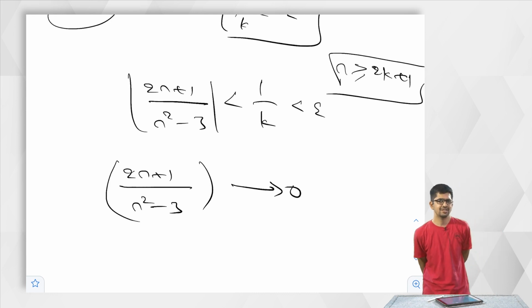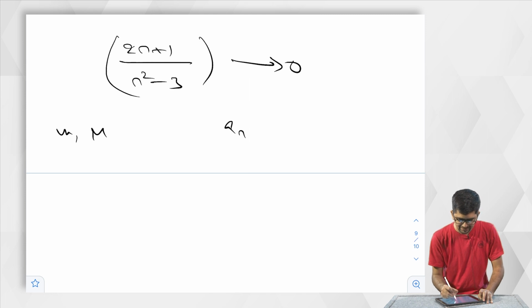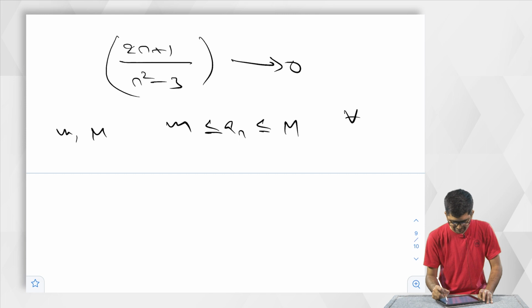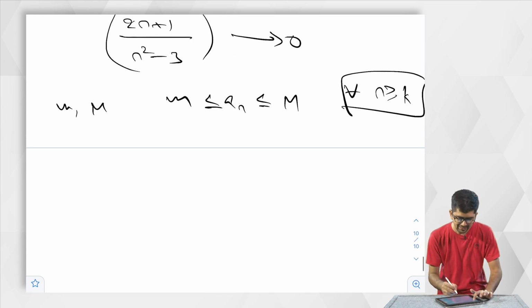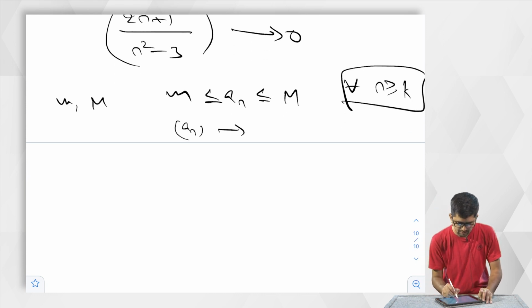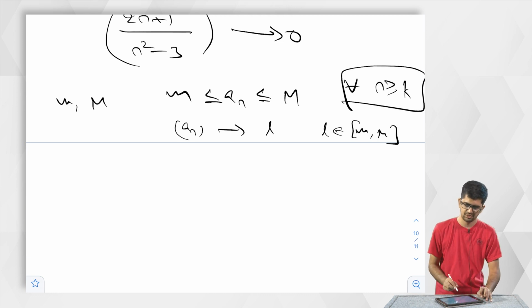Suppose I have two elements, say m and M, such that a_n is in between m and M, at least after a certain k, then if it converges to some element L, that L should be between m and M. This is what we have used.